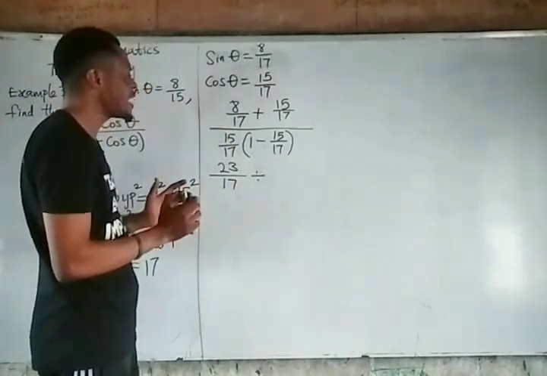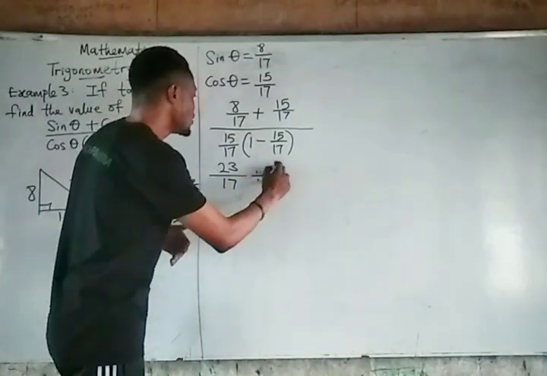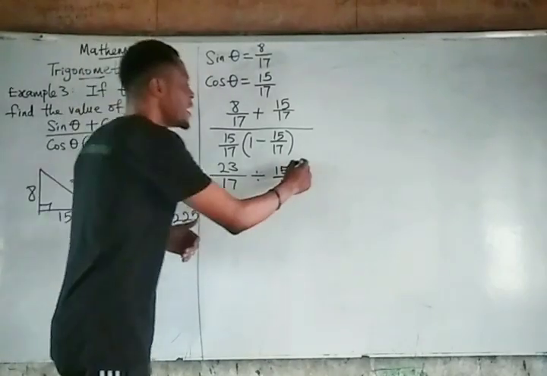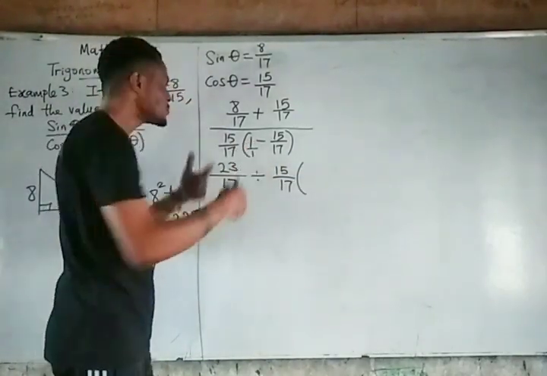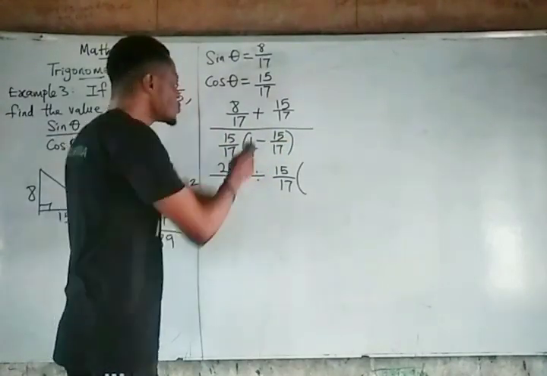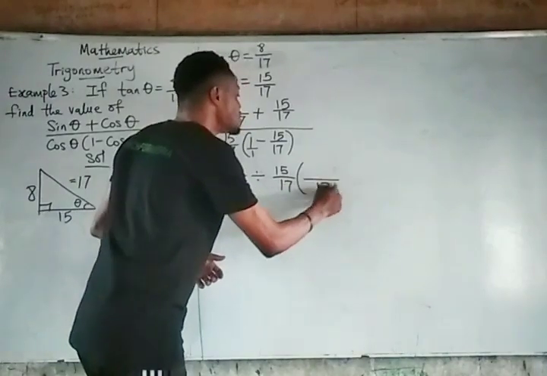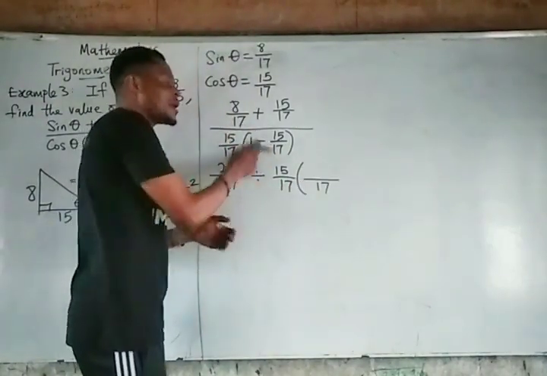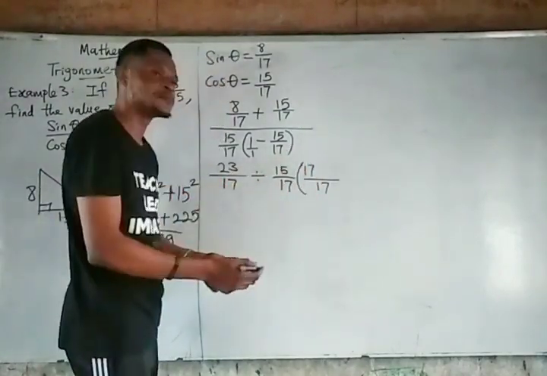Let's decide that we want to leave this 15 here to start with. We have 15 all over 17. Then multiply by, this is 1 over 1, whatever way, or we multiply the 2 by 17. So if you choose to work it like this, no problem with that. So we have 17. So 17 divided by 1, we have 17. 17 multiplied by 1, we equally have 17.